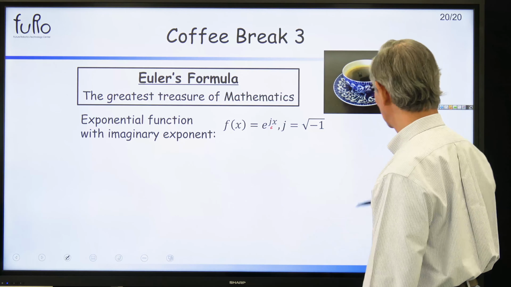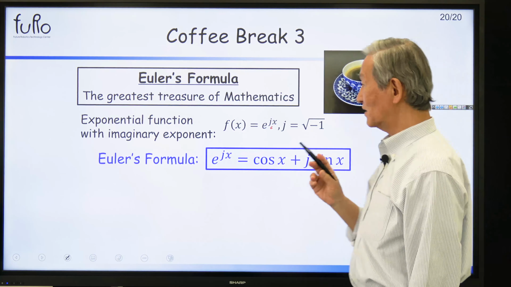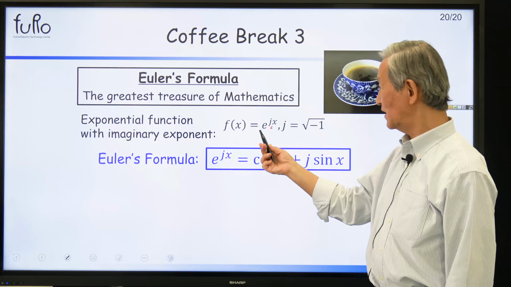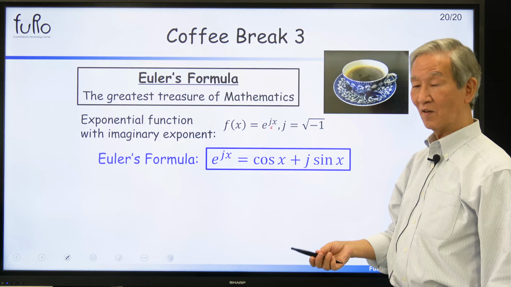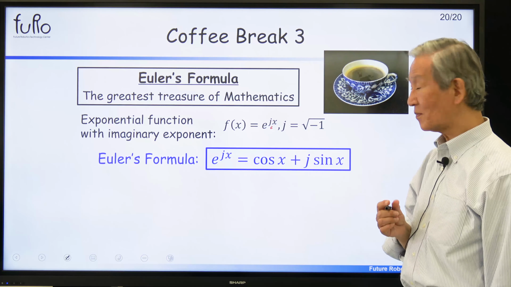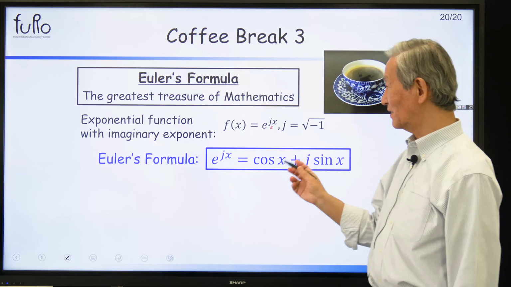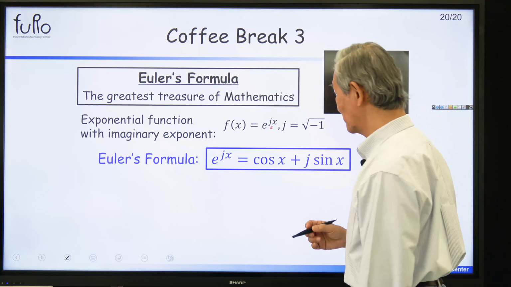What is this? We don't even know, right? But Euler said that e to the jx is equal to cosine x plus j sine x. I can prove that, but probably next year I'll prove this one.